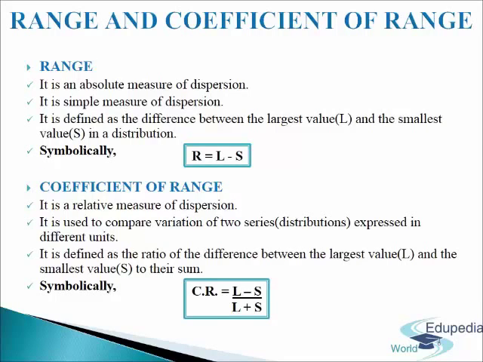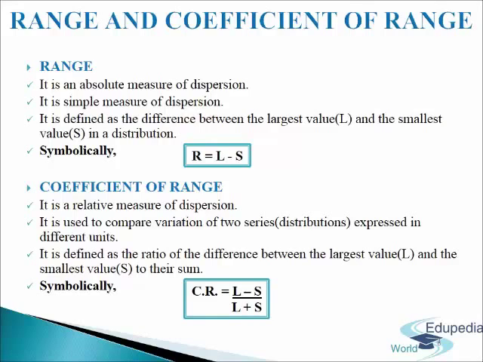A larger value of range indicates greater dispersion, and a smaller value of range indicates lesser dispersion among the items. If all the items are the same, range will have a value of 0. That is, there is no dispersion between the items. As range is an absolute measure of dispersion, it cannot be usefully employed to compare the variability of two distributions expressed in different units.